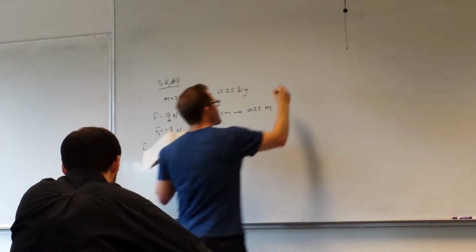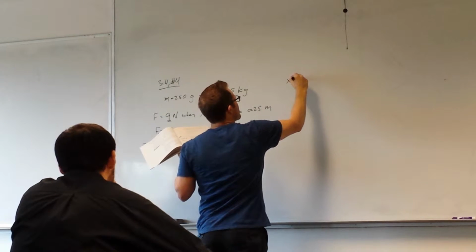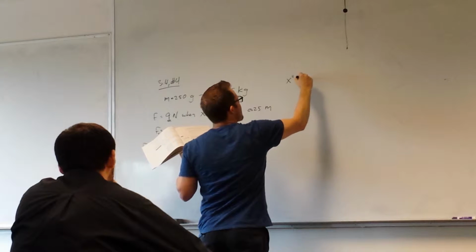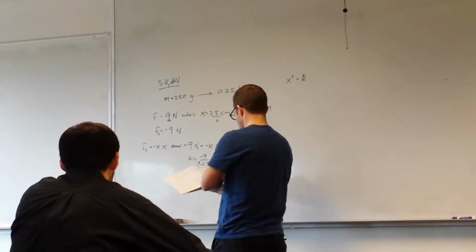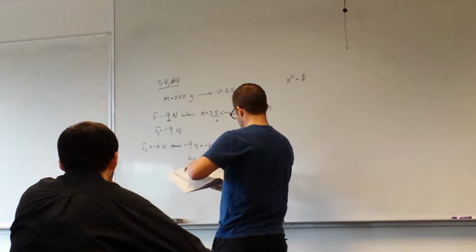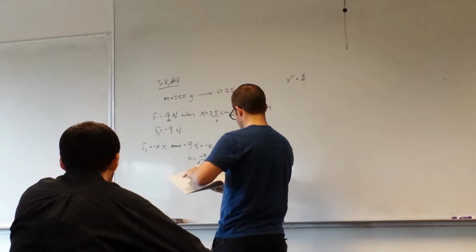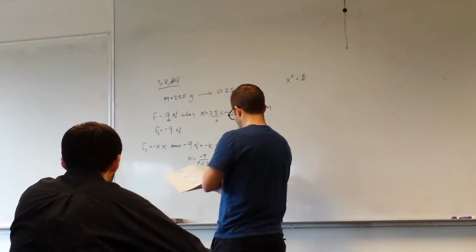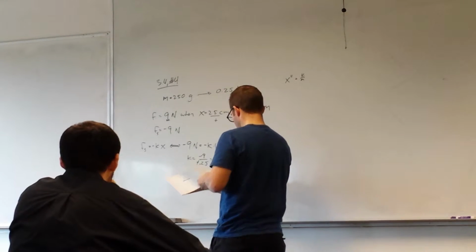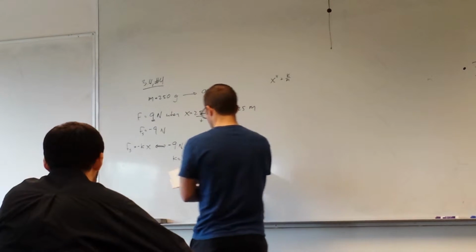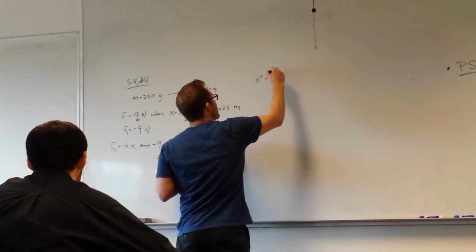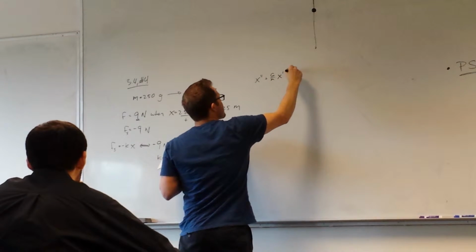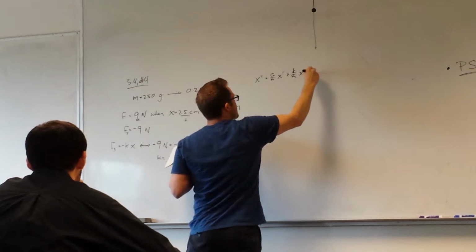So our equation would be x double prime, what is it normally? c over m x prime plus k over m x equals 0.